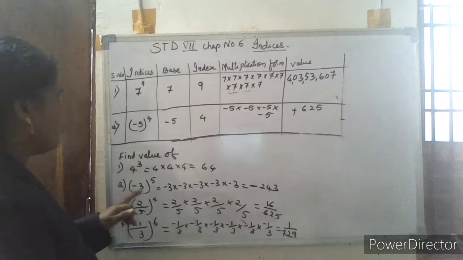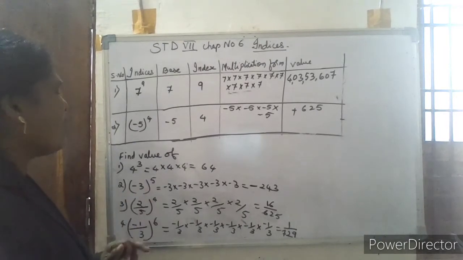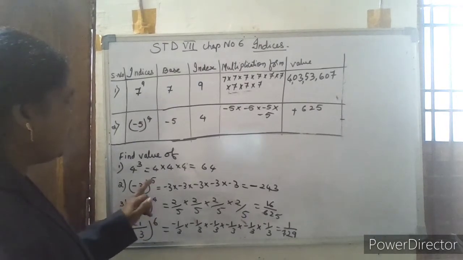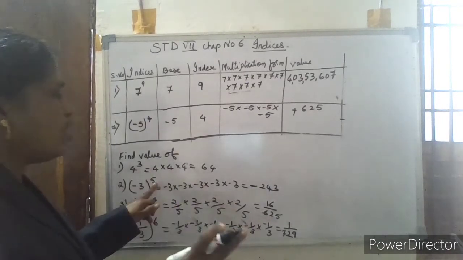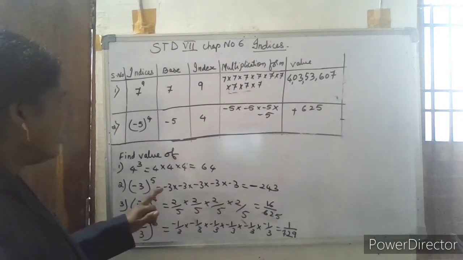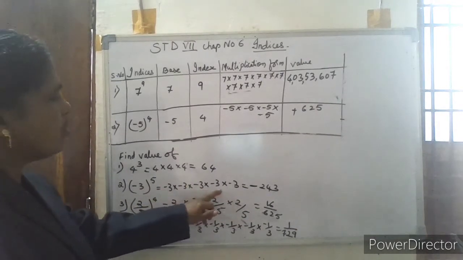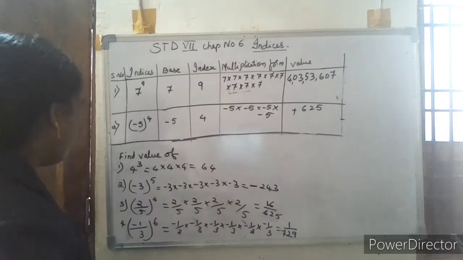The same for the negative base. Second example, minus 3 raised to 5. Negative base, but the index or the exponent is an odd number. So the answer will be a negative number. So 3 into 3 into 3 into 3 into 3, if we multiply, we get 243.